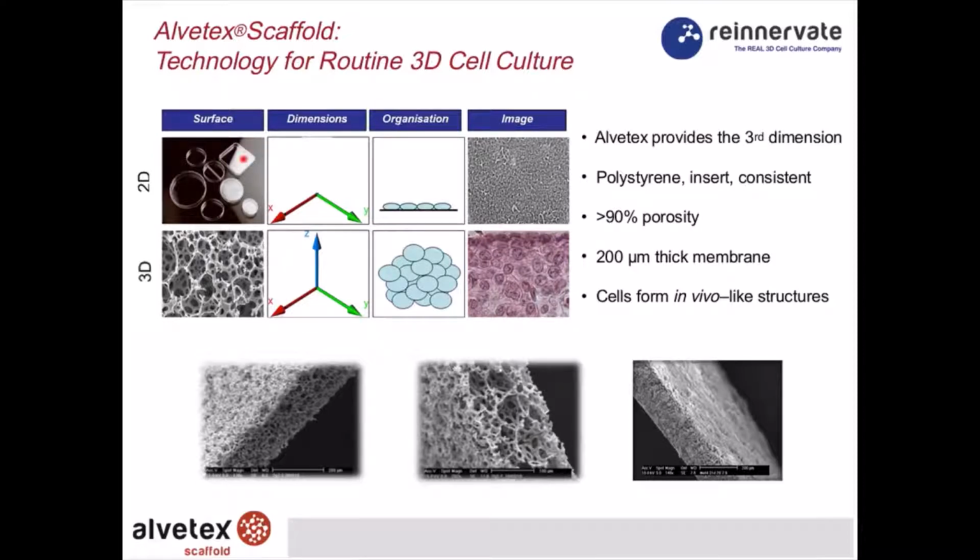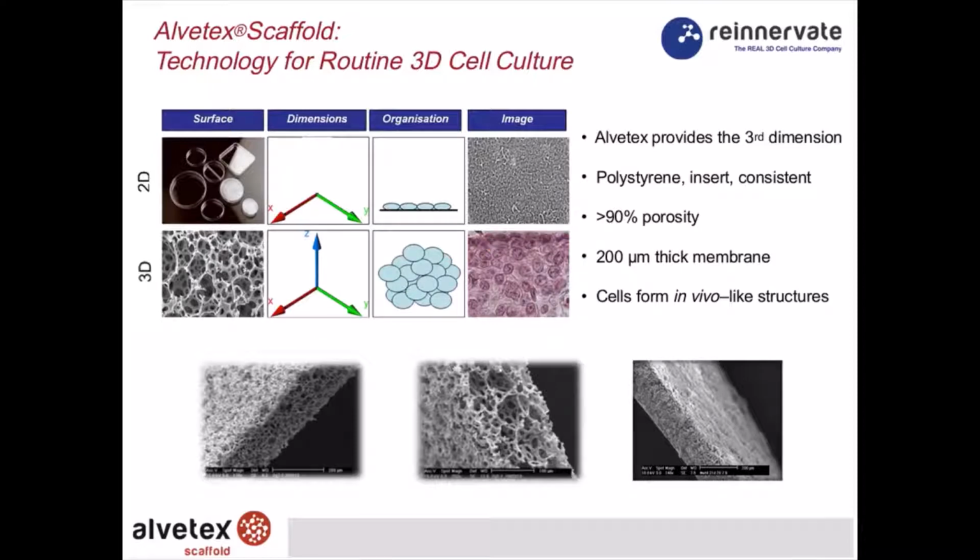So across the top line here, we have our 2D situation where we have our vessels, which you'll be familiar with, such as the Petri dish, 2 dimensions, cells go to the model layers, as we can see here. In this situation with Alvetex, we have re-engineered polystyrene to create a highly porous polystyrene scaffold into which cells can enter and grow in 3-dimensional structures such as these.